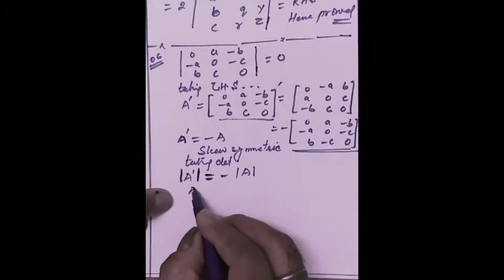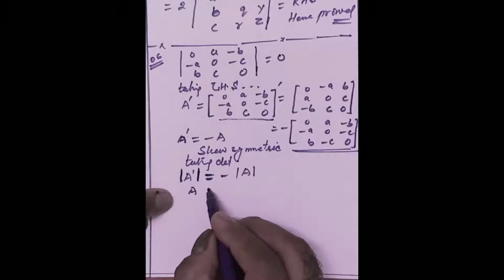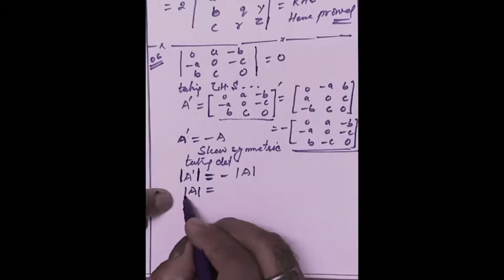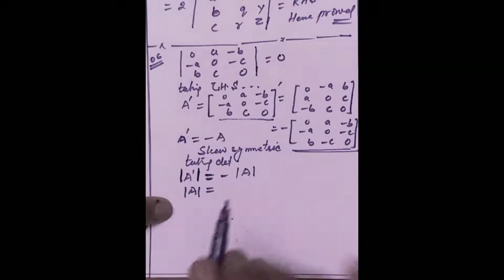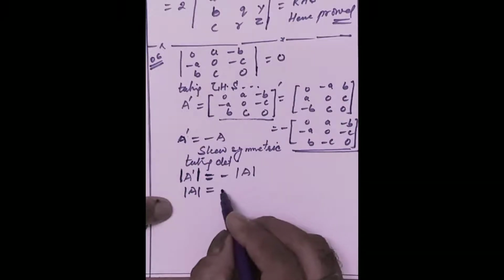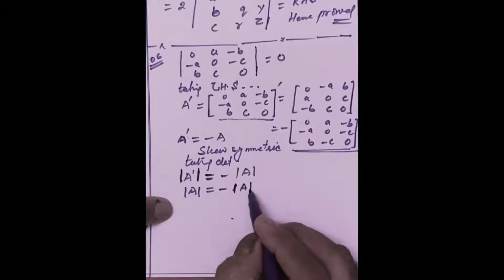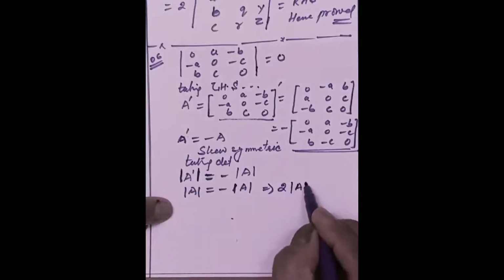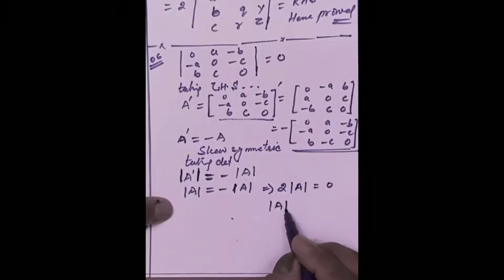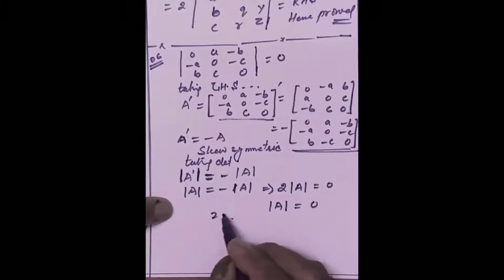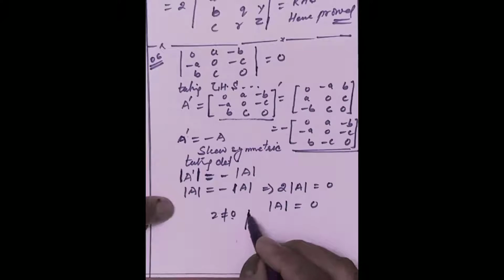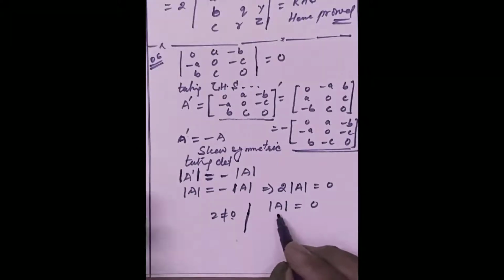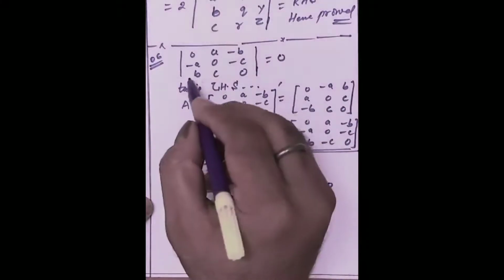So this is determinant A only, and the other side is minus determinant of A. Taking to the left hand side, this will become twice determinant A is equal to 0. So the determinant A is equal to 0 because 2 cannot be equal to 0. So what does it mean here? That value of determinant A is equal to 0. What was the determinant? This one. So it is equal to 0 we got, which is equal to the right hand side, hence proved.